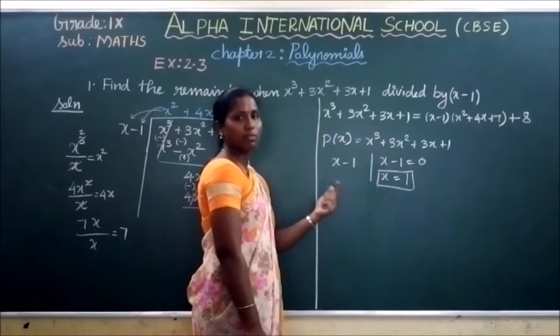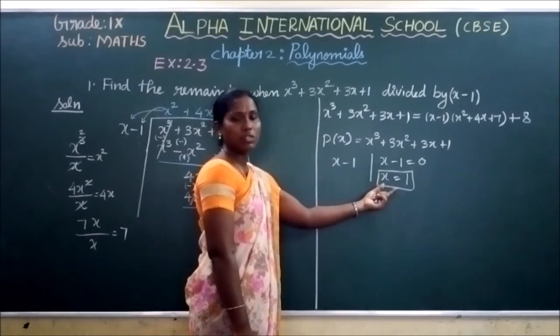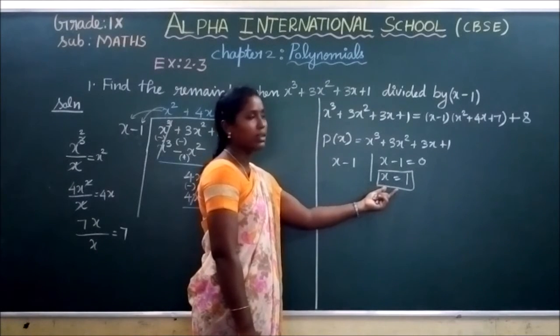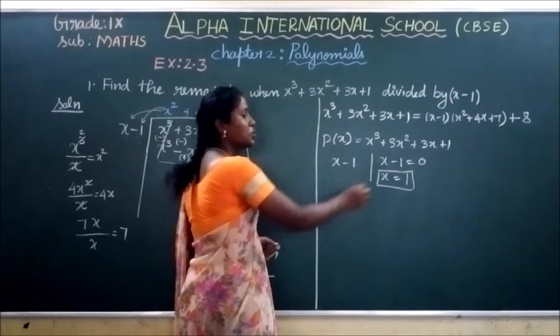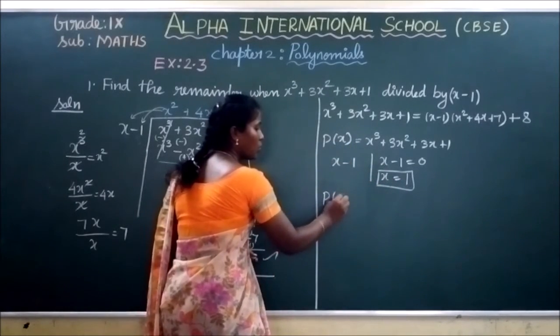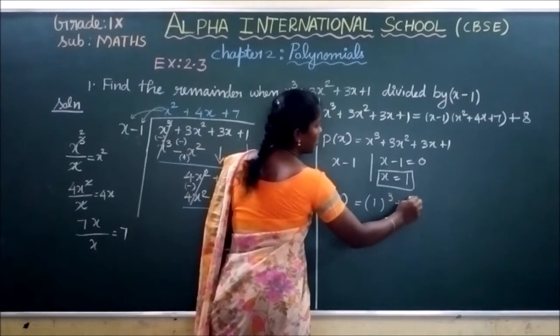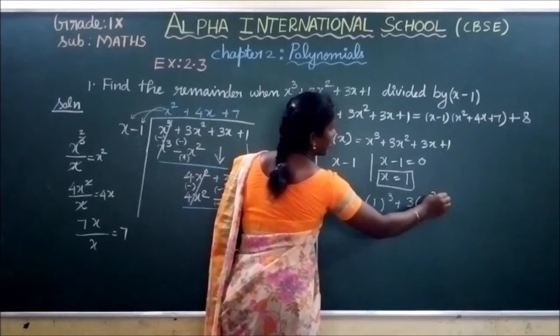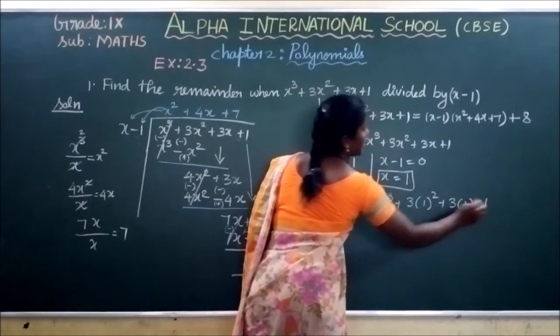Now we are going to check whether the remainder is 8 or not. So what you have to do? You have to substitute this value x equal to 1 in the given polynomial instead of x. So p of 1 is equal to 1 cube plus 3 into 1 square plus 3 into 1 plus 1.